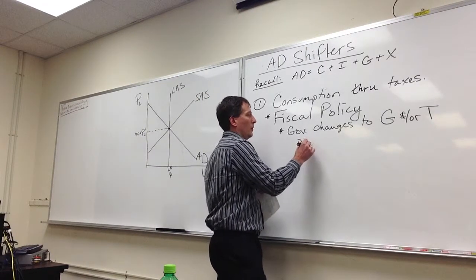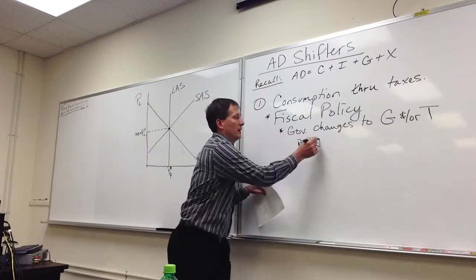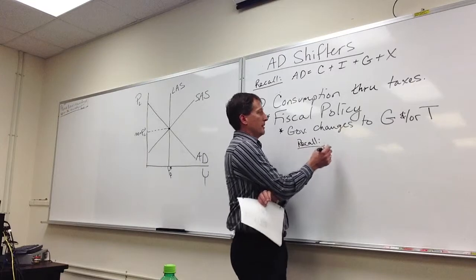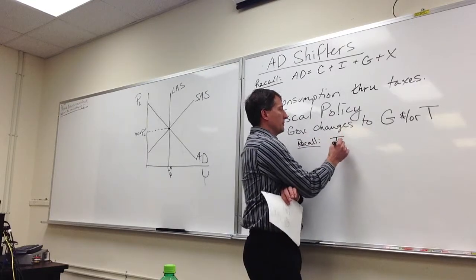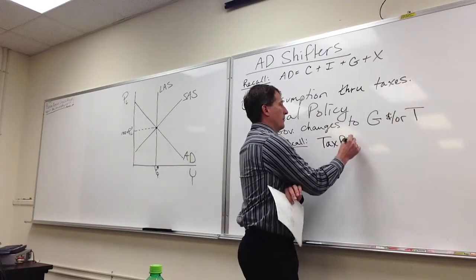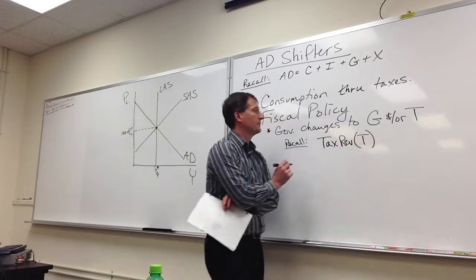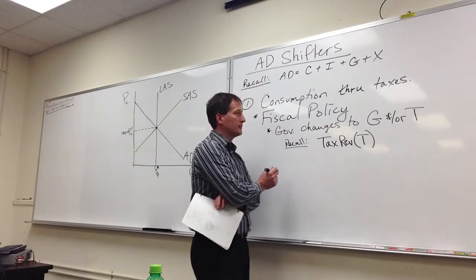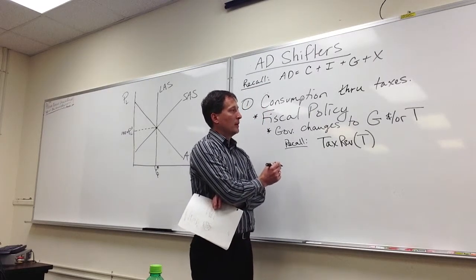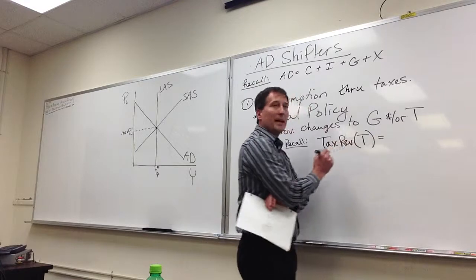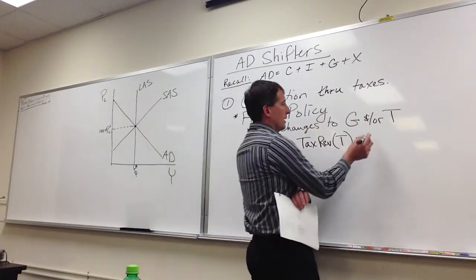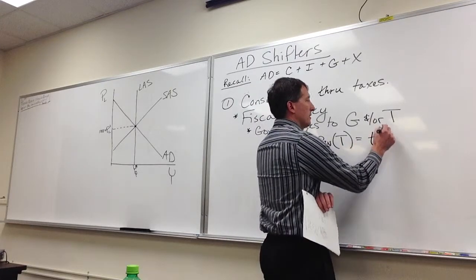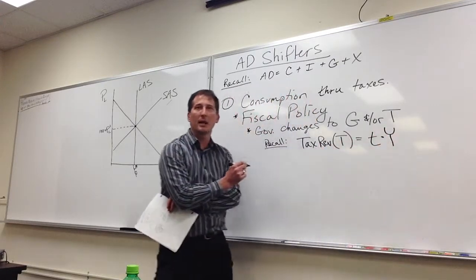So when we talk about T, we've got a big T and a little t. Tax revenue collected, so kind of like the total tax revenue collected, comes to us from an income tax of little t times our gross income.